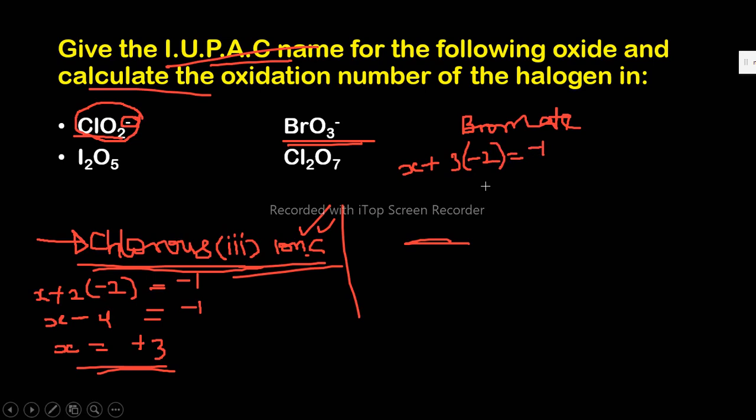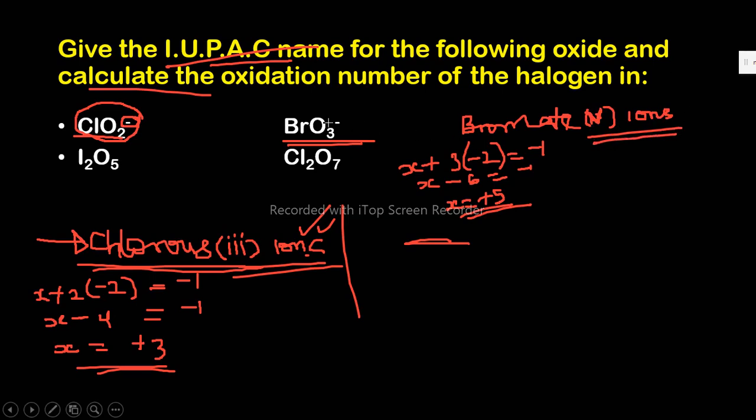Good. And so this is X minus 6 should be equal to minus 1. So our X takes 6 the other side, becomes plus 5. So this is bromate(V). Hey, 5 is V. This is bromate(V) ions, because it has an overall negative charge.